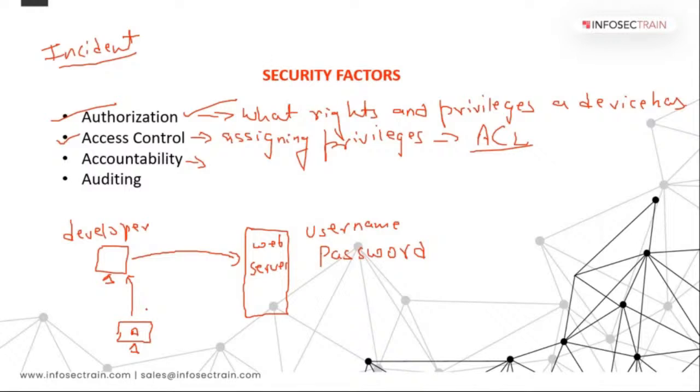The attacker does not know what the usernames and passwords are, so he will be trying entering usernames and passwords. Let's say he tried 123 and 123. It does not work. So he tried infosec and infosec.